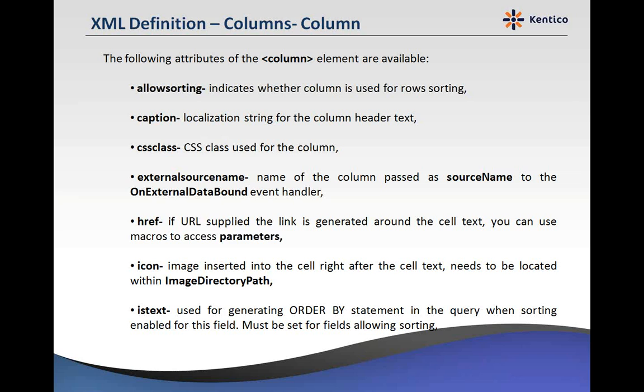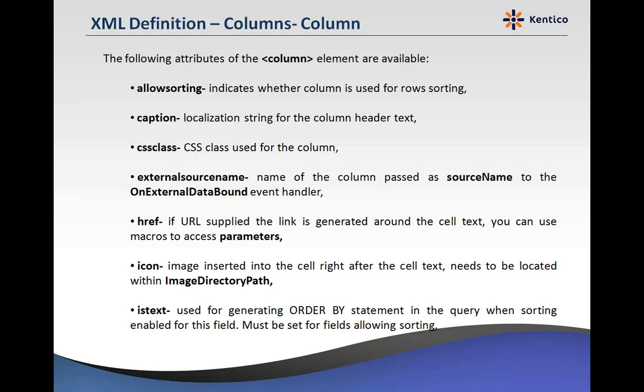Another interesting attribute is href. If a URL is entered here, a link to this URL is generated around the content of the cells in this column. You can use the macros, curly bracket and index of the parameter in the parameters attribute defined for the specific column.